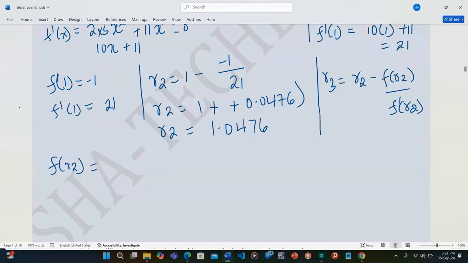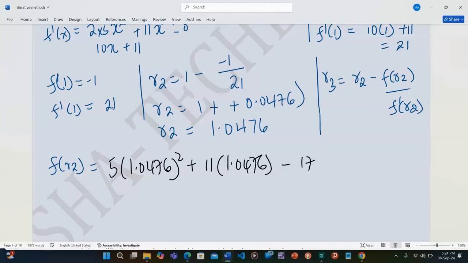This will be 5 into 1.0476 squared plus 11 into 1.0476, then minus 17. So what will that be?